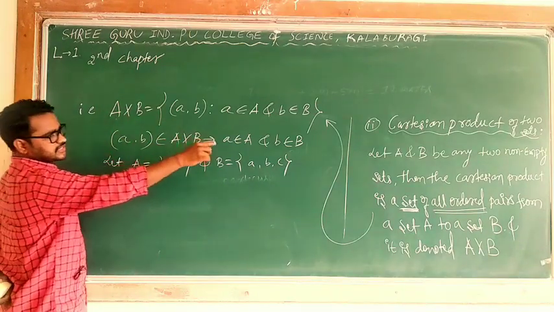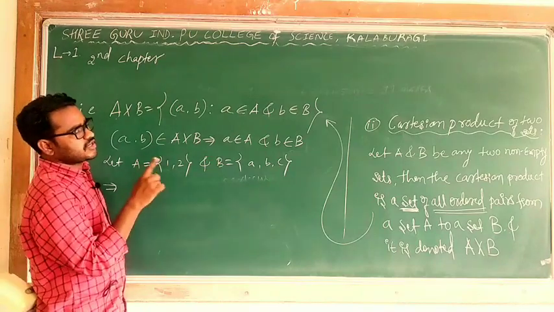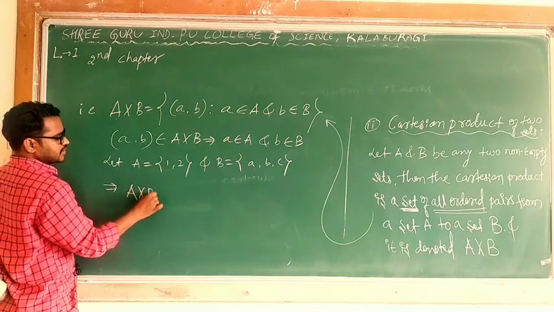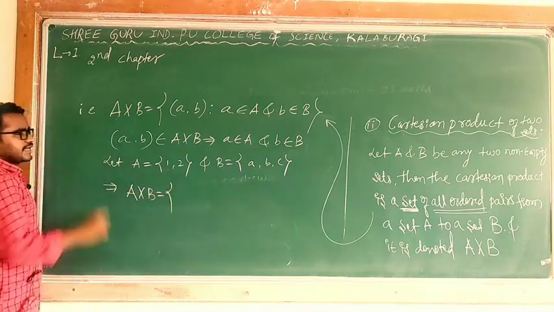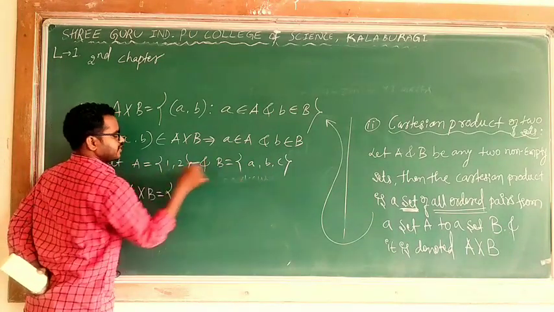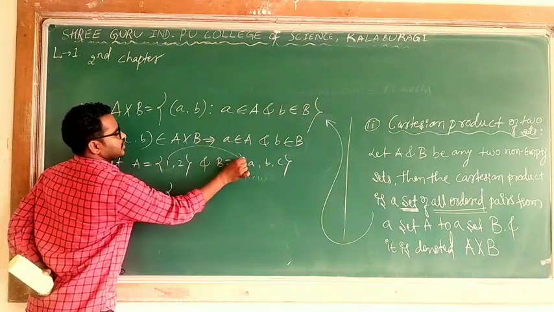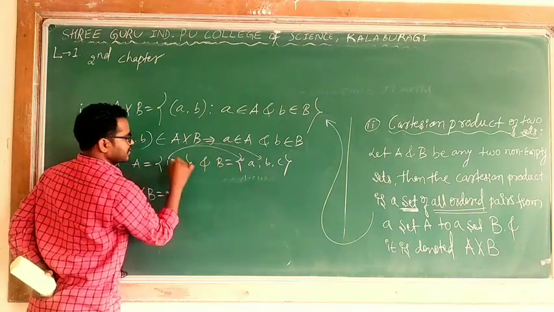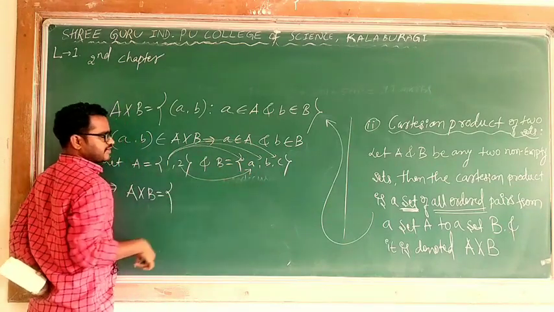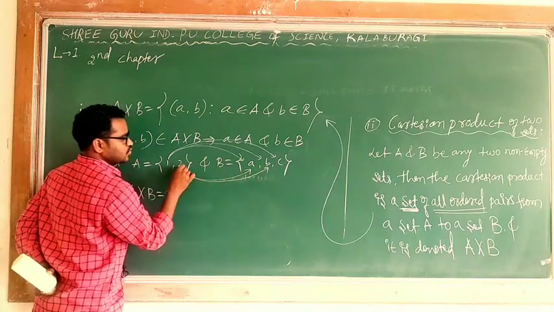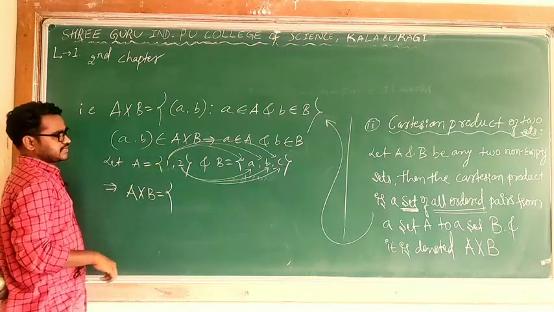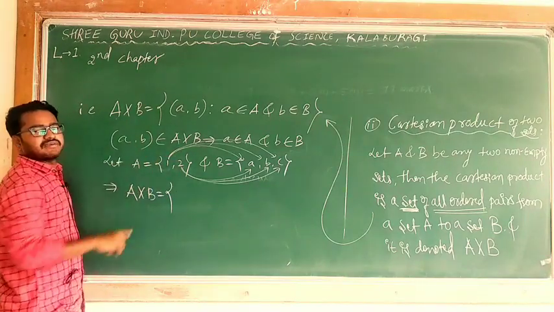We are saying the Cartesian product is a set of all ordered pairs from set A to set B, and we denote it by A cross B. A cross B is equal to: take the first element with the first, with the second, with the third. So 1 with a is one pair, 1 with b is another pair, 1 with c is a third pair. Then 2 with a, 2 with b, 2 with c. So the first element with the 3 gives 3 pairs, and the second element with the 3 gives another 3.